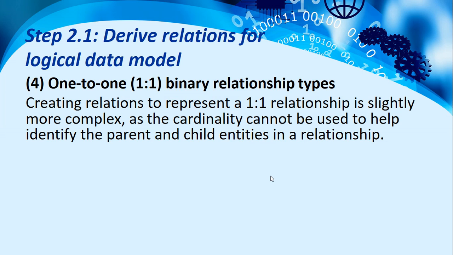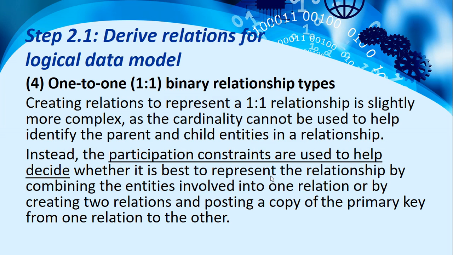True, because instead, the participation constraints are used to help decide whether it is best to represent the relationship by combining the entities involved into one relation, or by creating two relations and posting a copy of the primary key from one relation to another. This may not make sense to you because it's a bit wordy. We'll have examples later.